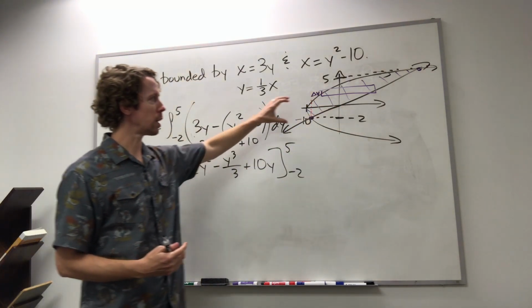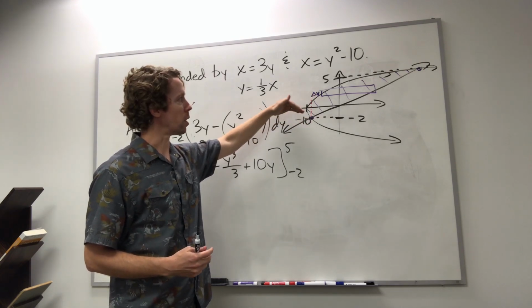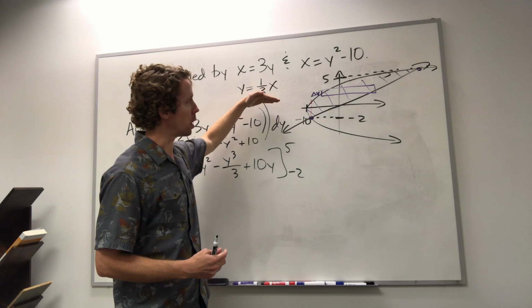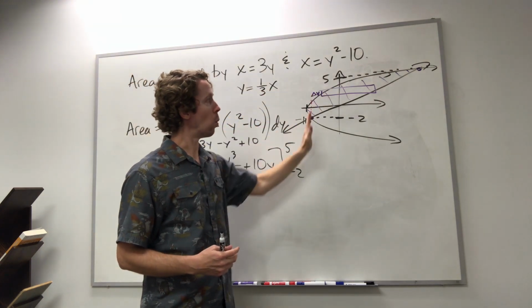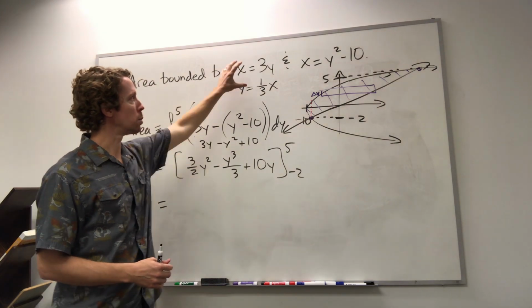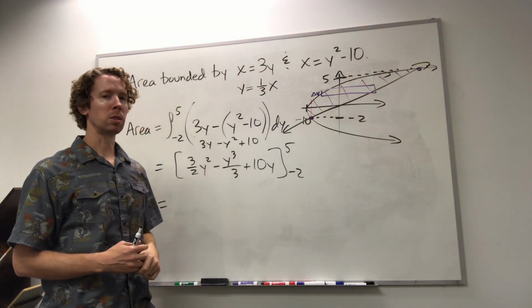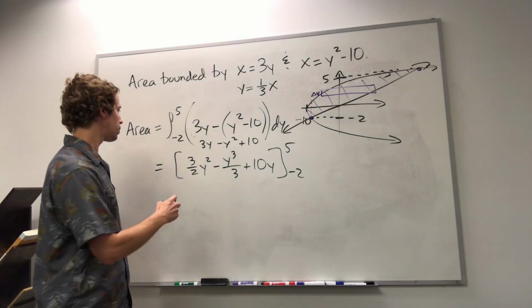Also, it was helpful to sketch this just so that I could figure out whether I should do integration with respect to y like this or integration with respect to x. If you're working with really simple functions, you may not need to sketch the graph, but sometimes it's really helpful to sketch the graph.